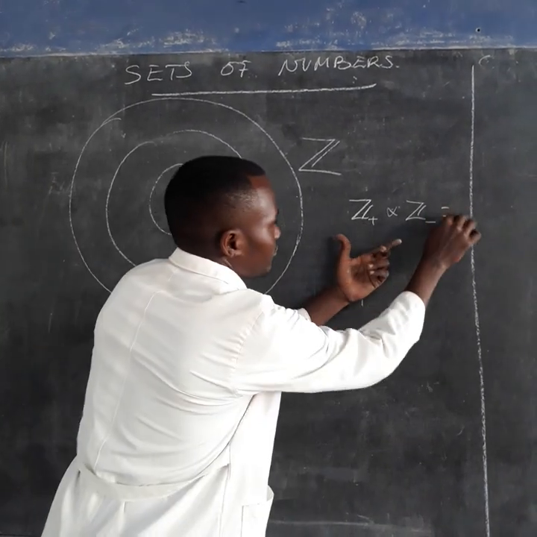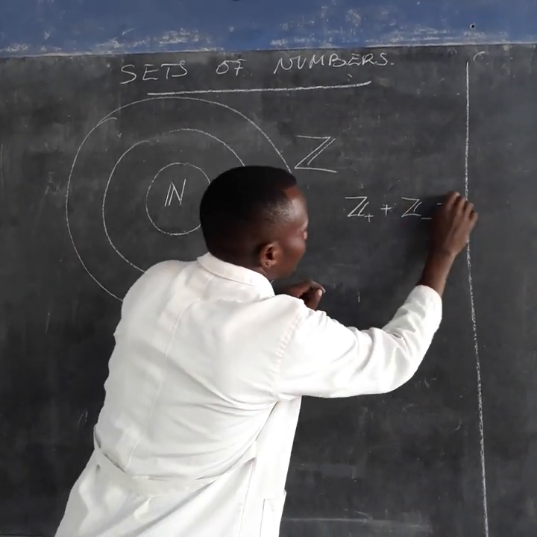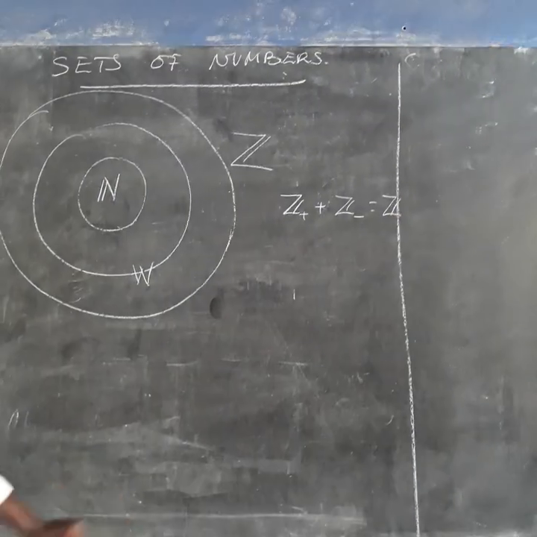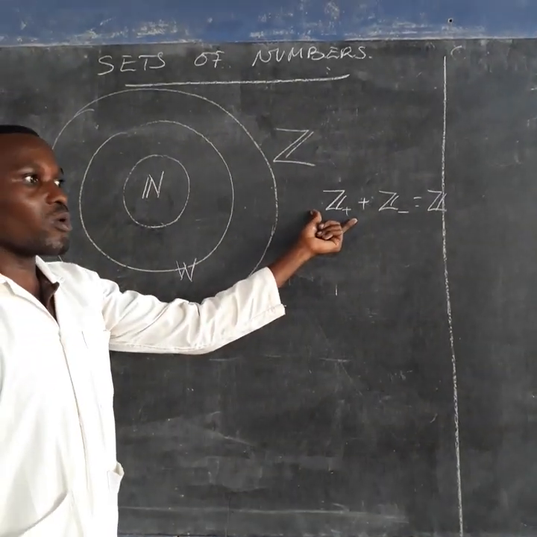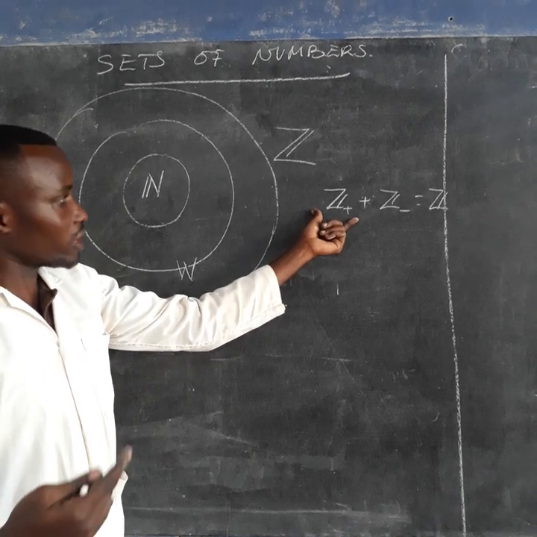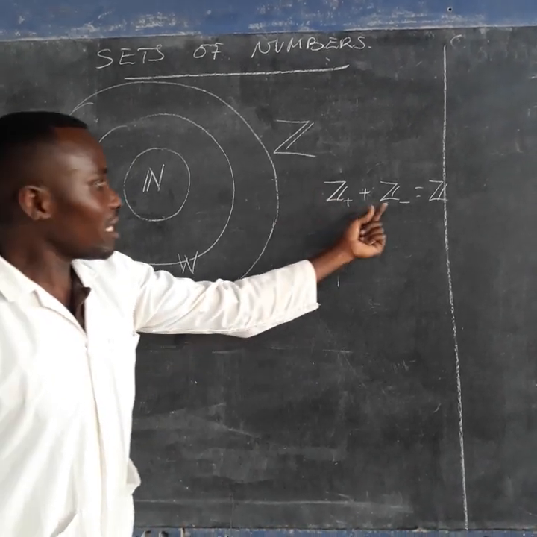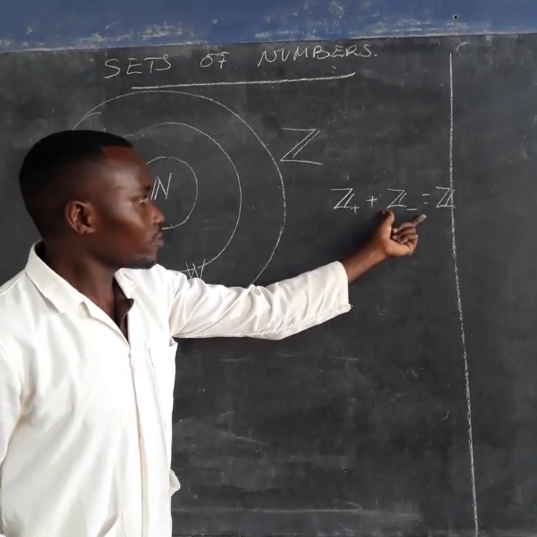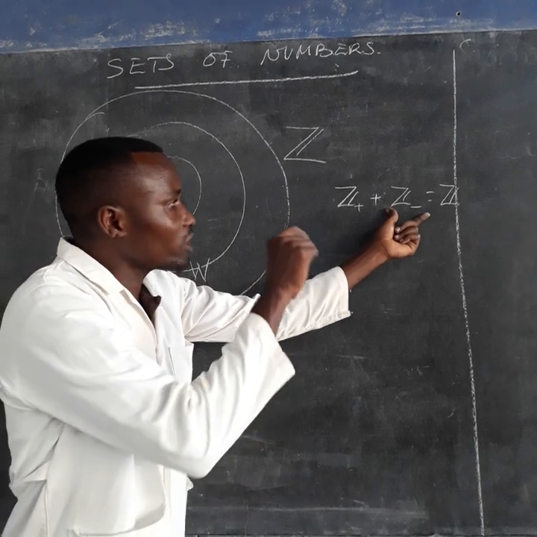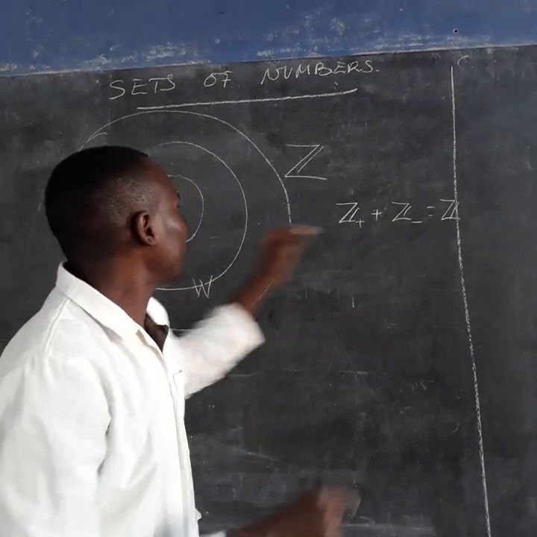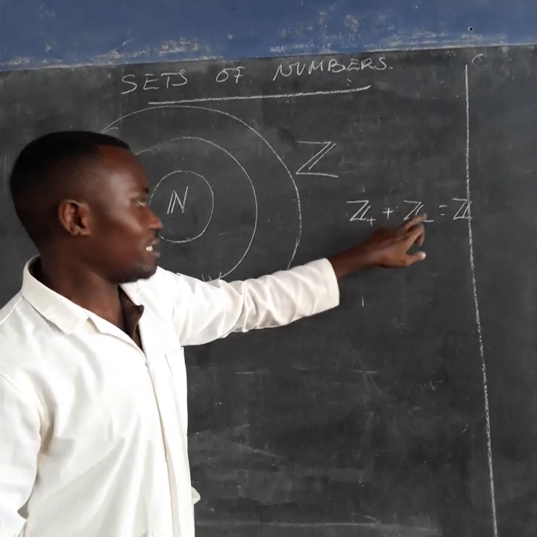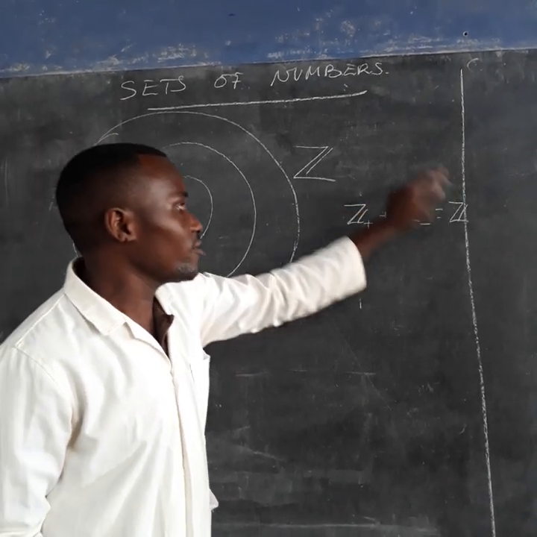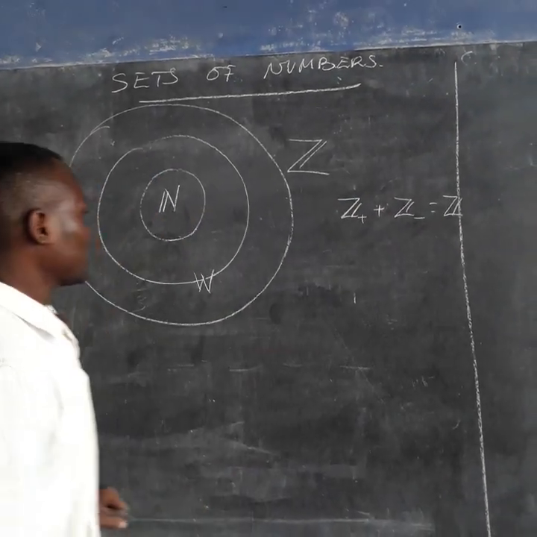Together they give integers. When we say positive integers, we understand the numbers which are positive and whole. When we say negative, we understand the numbers which are negative but whole. So the positive and negative integers give the set of integers. Okay.